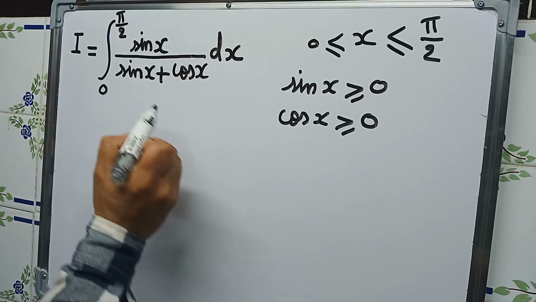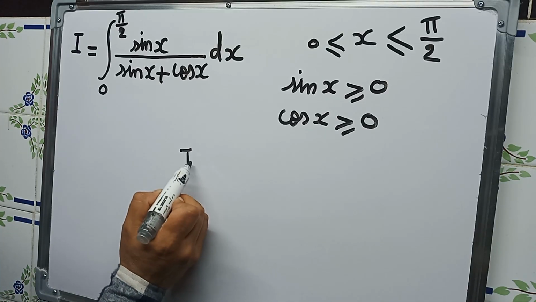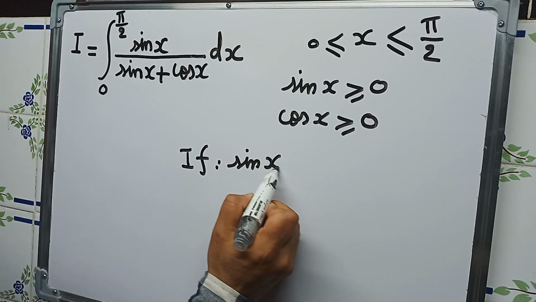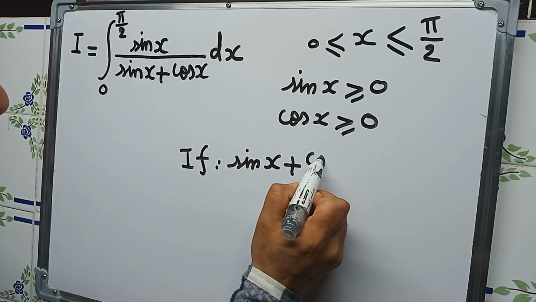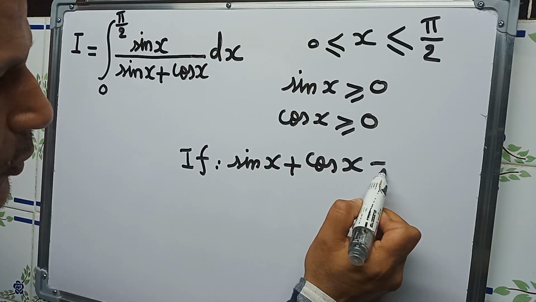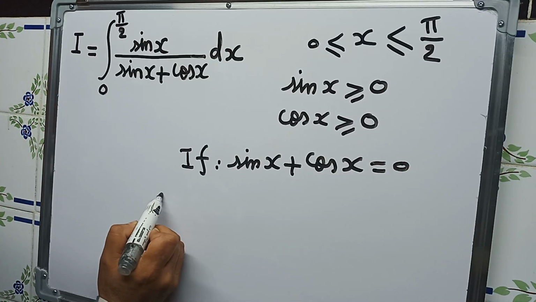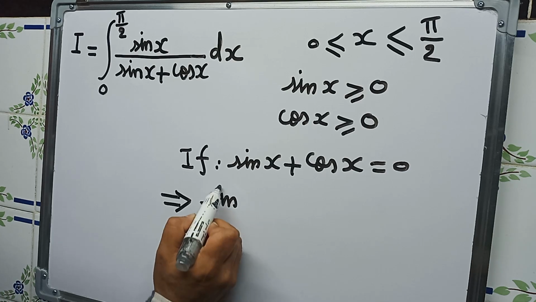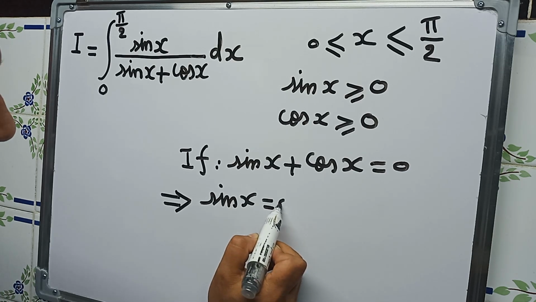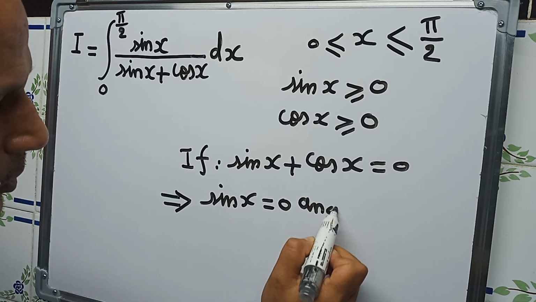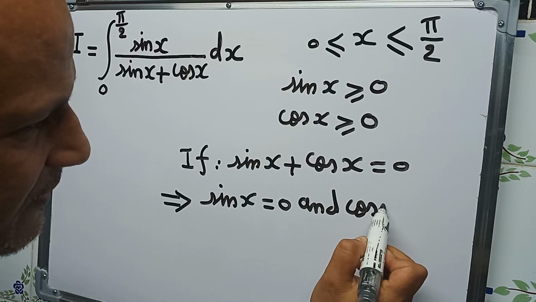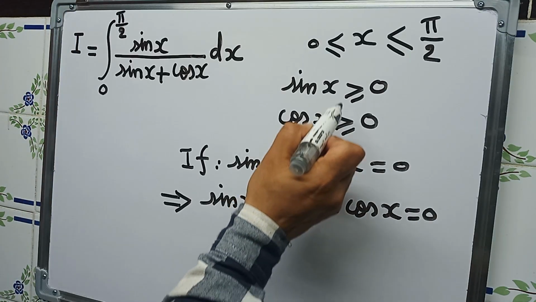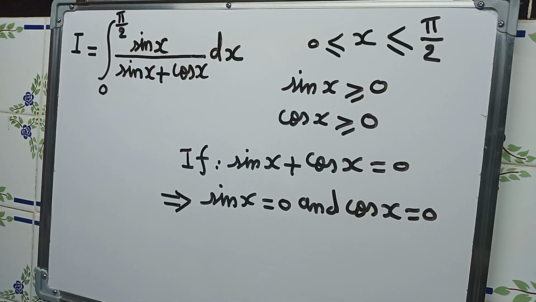So if sine of x plus cosine of x is equal to 0, this will imply that sine of x is equal to 0 and cosine of x is also equal to 0, since the two of them are non-negative numbers.